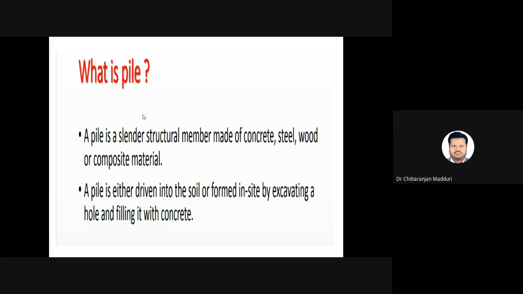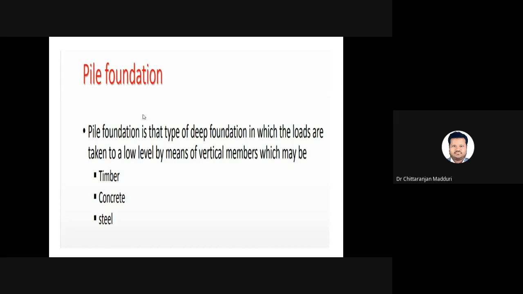So the pile is taken up to the hard stratum. Then it transfers the load coming from the building to the hard stratum, not to the weak soil. It bypasses the weak soil. That is the main function of a pile.